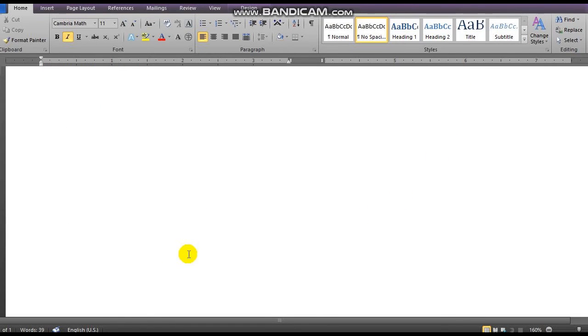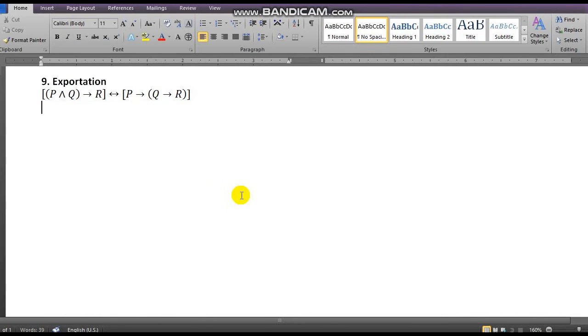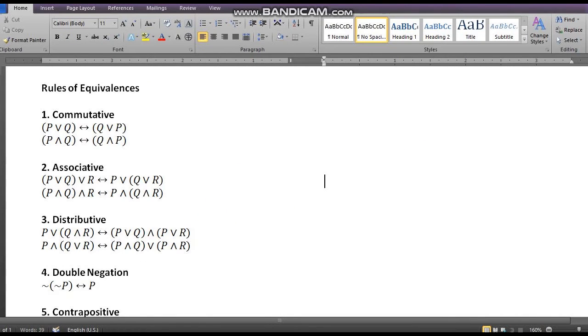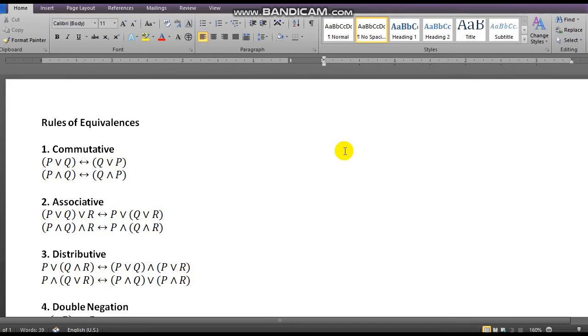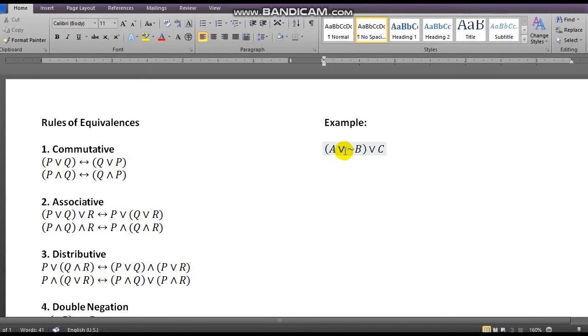So let's have an example here. In this case, let's have it here on the other side of the paper. So example. Our given would be A or not B or C. So that is our given.